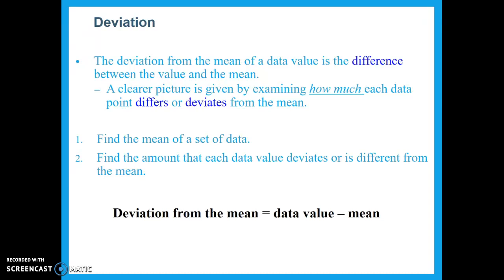That means that 68% of females are going to be that 5 feet 6 inches, plus 3.2 inches or minus 3.2 inches. That's your deviation. That would be one deviation from the mean.